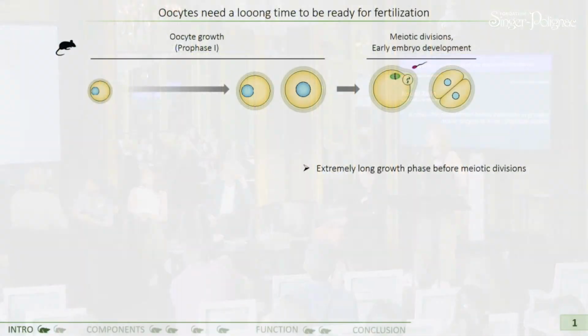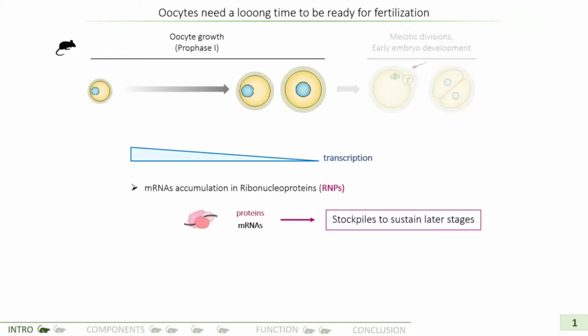In the lab, we're working with mouse oocytes, and it's always important to remind that mammalian oocytes spend a very long phase of growth before they even start meiotic divisions to eventually get ready for fertilization later on. During this extremely long growth phase, oocytes accumulate mRNAs and proteins in ribonucleoproteins, or RNPs.